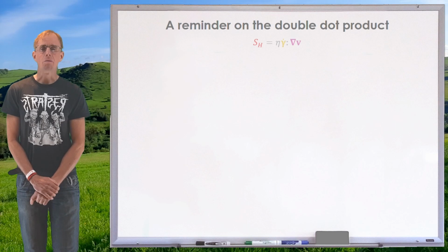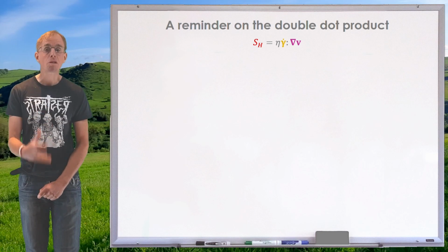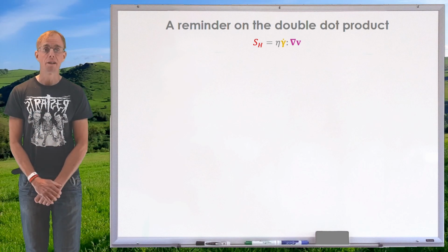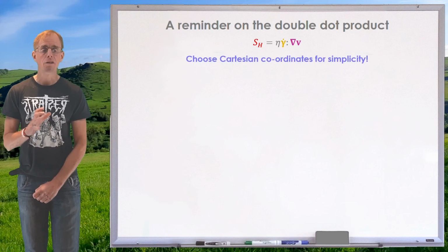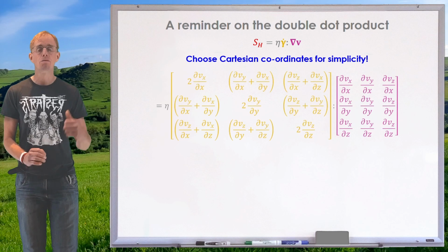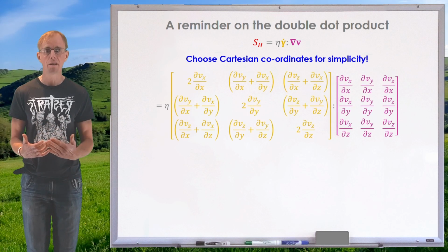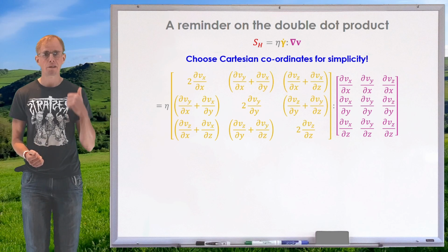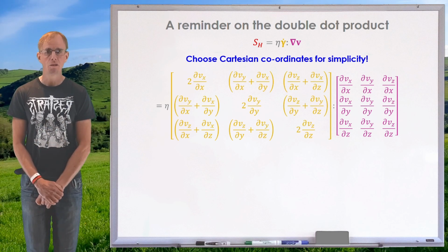Okay, so if we're incorporating viscous dissipation in the energy equation, then we need to be able to simplify its formulation effectively. So let me remind you what the double dot product looks like. I'm going to do this in Cartesian coordinates for simplicity, and I'm going to write out both tensors in full, just so you can see what they look like. There's gamma dot, my rate of strain tensor, and we've seen this a number of times in previous lessons.